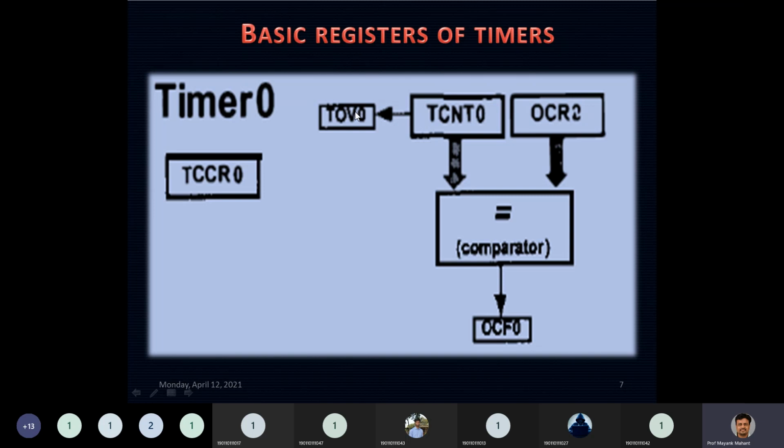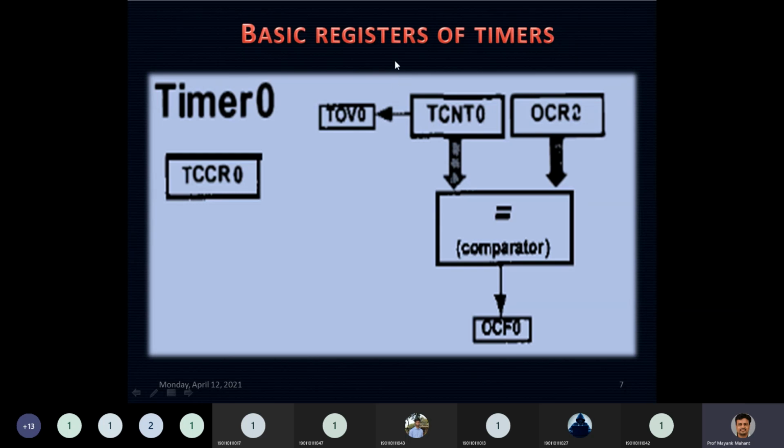These are the TOV flags. They are available in the special function registers, the SFR that we have talked about. They are available in the IO section, and obviously all these registers, TCCR, TCNT, OCR, are also available in the IO section of your RAM. So you can load a value into your TCNT and start your timer.